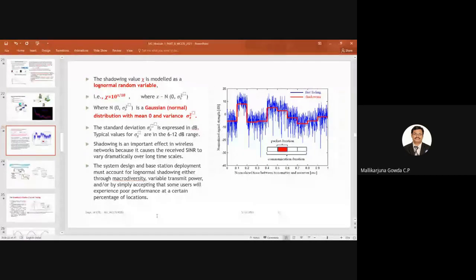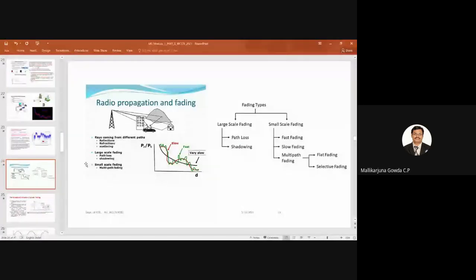Then, with those two things, path loss and shadowing, these two belong to large scale fading. Just now I said shadowing is alternatively called large scale fading.